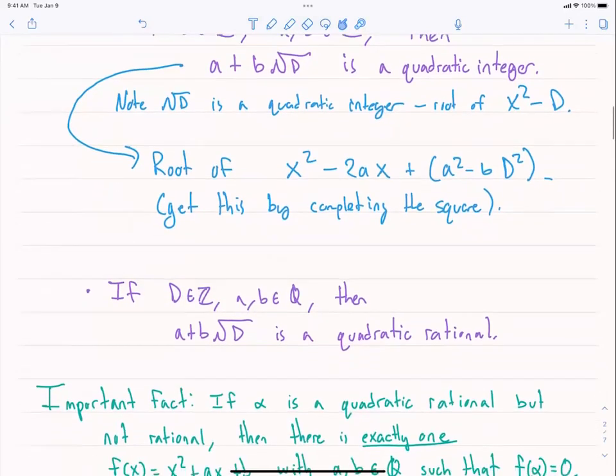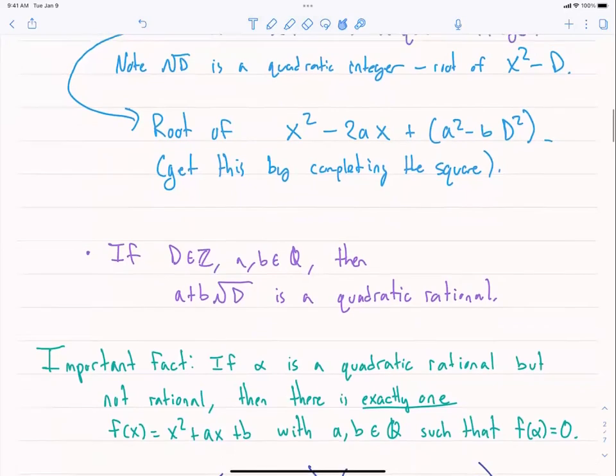Okay, so on that note, there's an important fact that I'm not going to justify, but it's convenient to know and we'll use it. So let me just state it as a fact that you can take from me. If you have a quadratic rational number alpha, that means it satisfies some degree 2 monic polynomial.